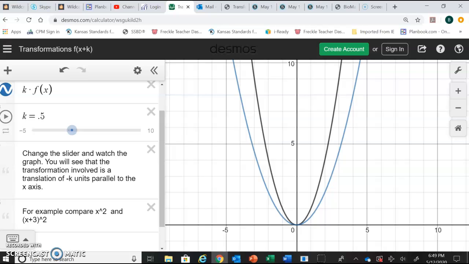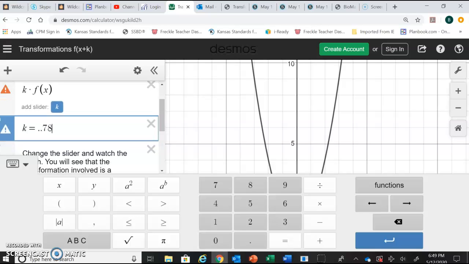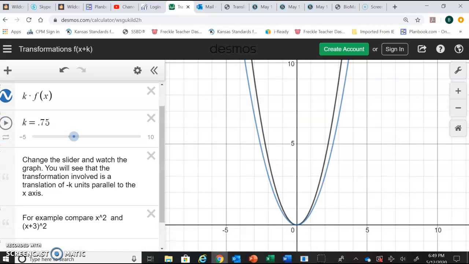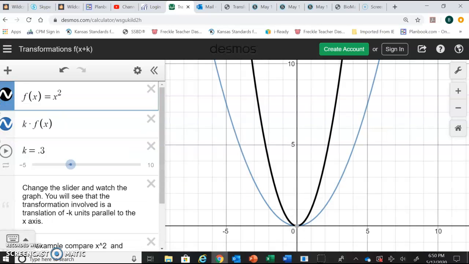This time it looks like it goes up slower. Let's try another decimal between 0 and 1. Oh, an extra decimal point. See, that's going up a little slower as well. Let's try one final one. Yes, it's going up much slower.